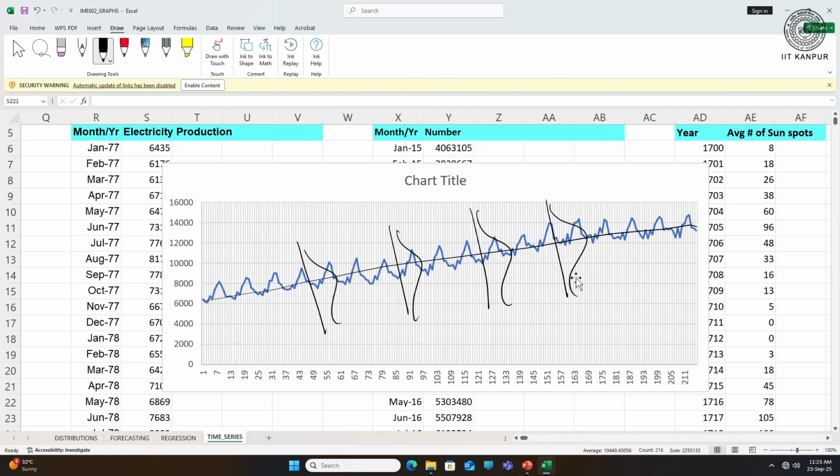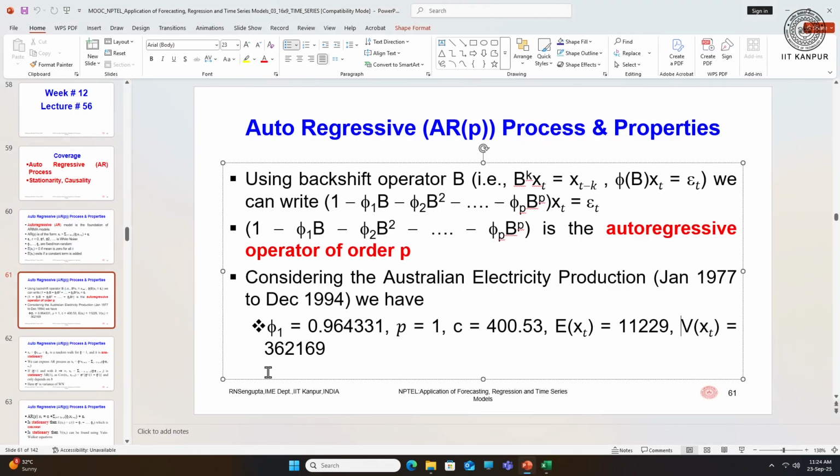So, the mean value is increasing, and very interestingly, even though I am keeping it very simple, the variability is not changing, only the trend is changing. So, again phi 1 is 0.964, C value given for a p value as 1, expected value given, variance given.